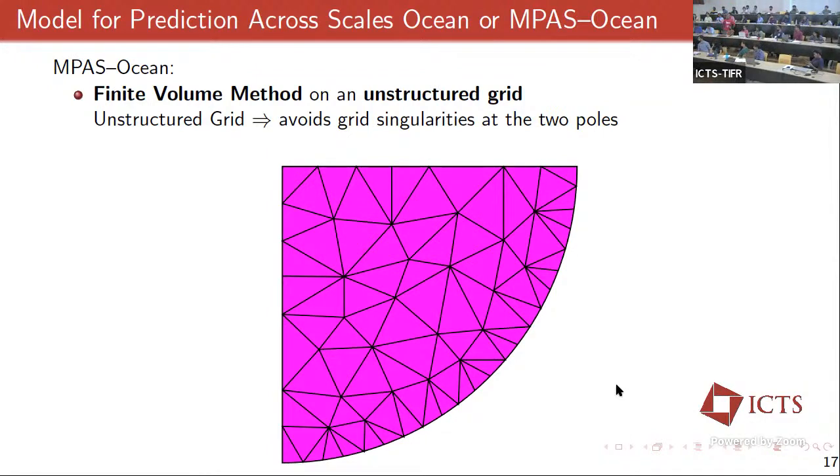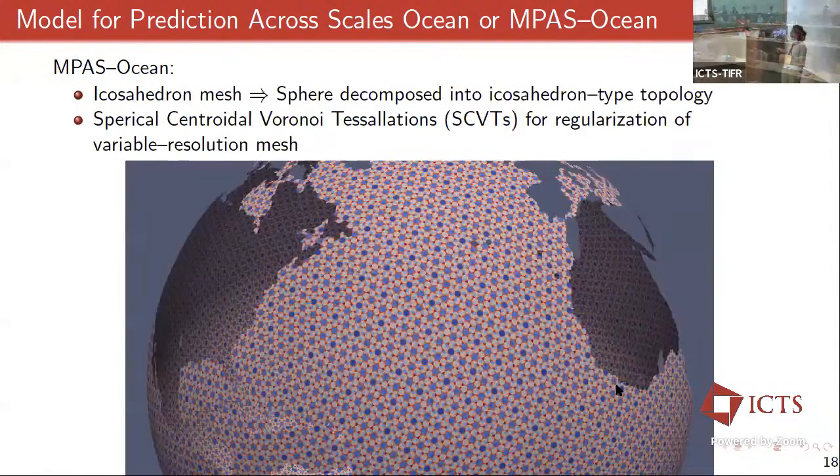Yeah, good question. So that is what is done. That is a regularization. This spherical centroidal Voronoi tessellation does that. Basically, you convert everything to Voronoi polygons and you move to the center of mass. That's how, if you see here, these are regular structures.